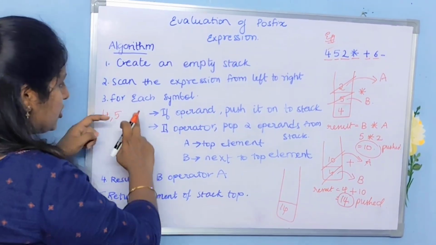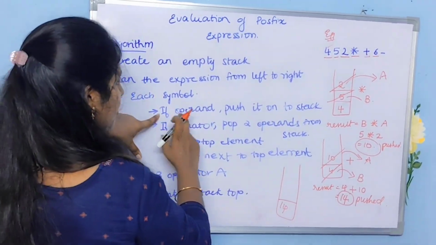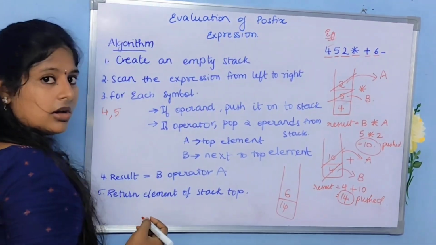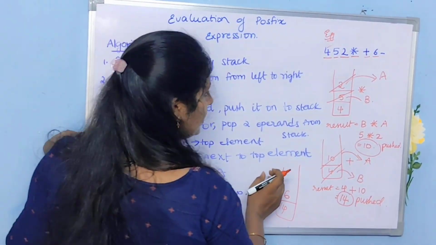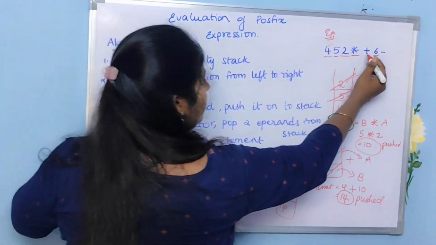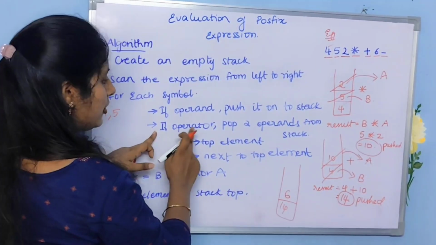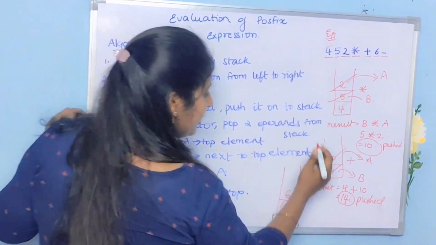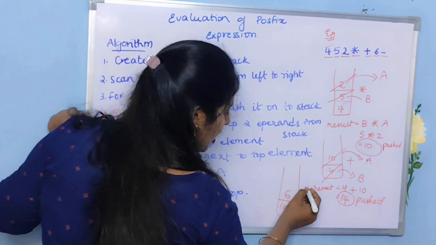So what should I do if I get an operand? If operand, push it onto the stack. So I've added this also. Now after adding this, the next element is minus, so if operator, pop 2 operands from the stack. The operator is minus. So now I have to pop elements.